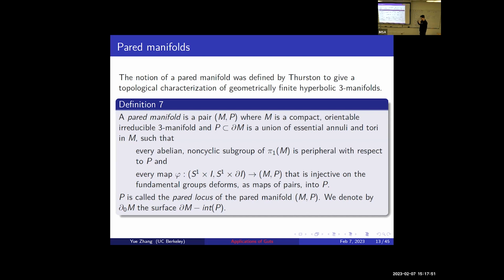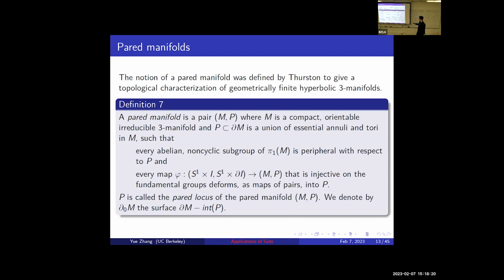I think of a pared manifold as the non-orientable version of a sutured manifold. So you just decompose the boundary of M into two parts, right? Like P is a union of essential annuli and tori, and the rest is some more complicated surface.